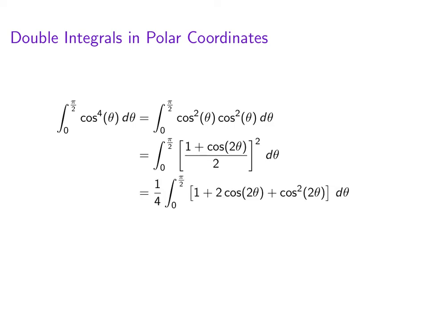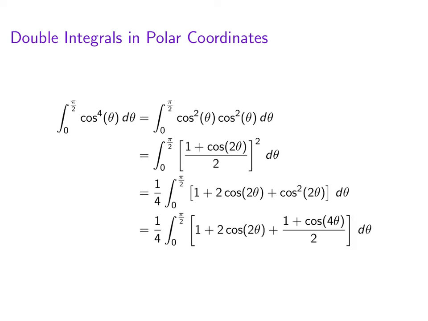Multiply everything out. Notice there's a 1/4 that comes out in front. And now we need to use a half-angle formula again because we need to evaluate cosine squared 2 theta. So that turns into 1 plus cosine 4 theta over 2. Clean everything up, and this is what we get.